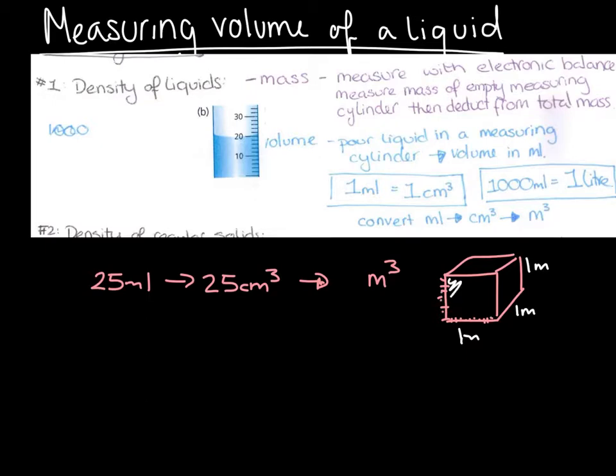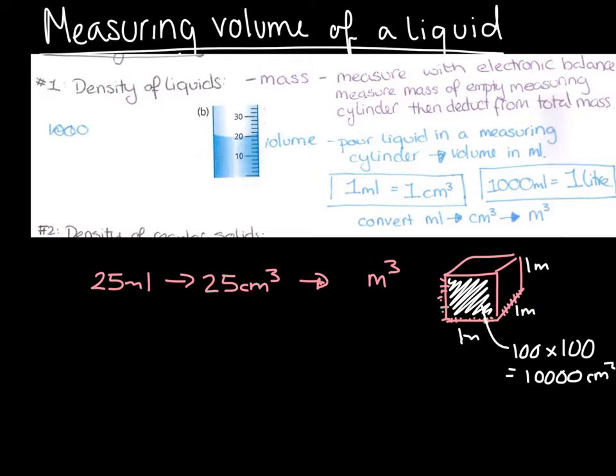So in this area here, I've got 100 centimetres times 100 centimetres, which means I've got 10,000 centimetres squared in 1 metre squared. But if I then turn this into a metre cubed, I've got to have a think about these 100 centimetres here.